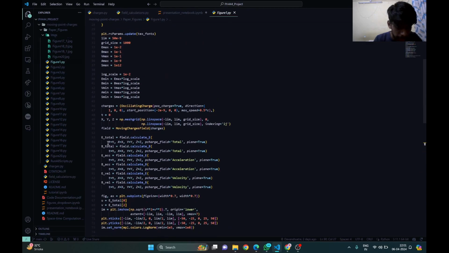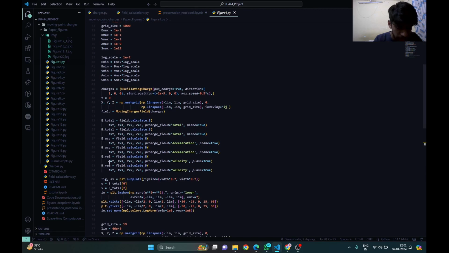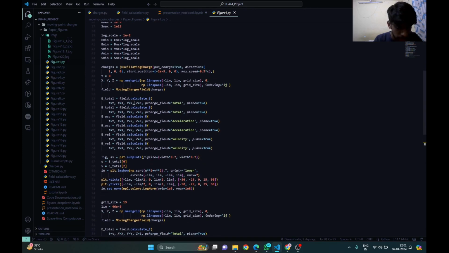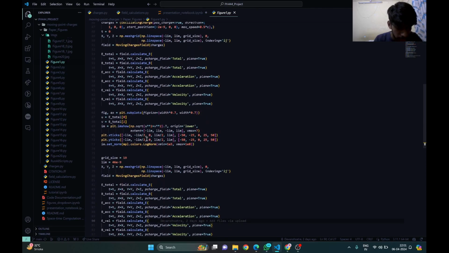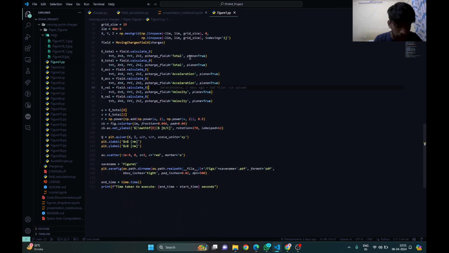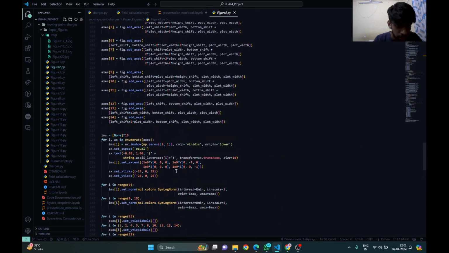Here we can calculate the E field, the B field, the acceleration field, the Coulomb field, and the radiation field using field.calculate. And once we do that, we just plot the fields. In figure 2, we do the same.